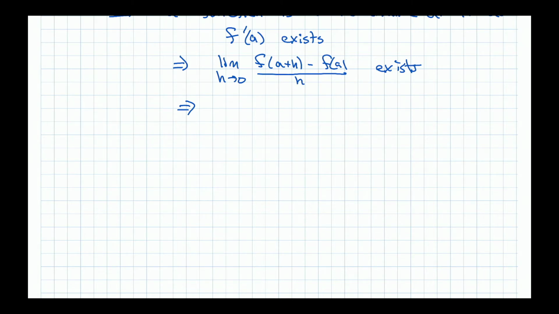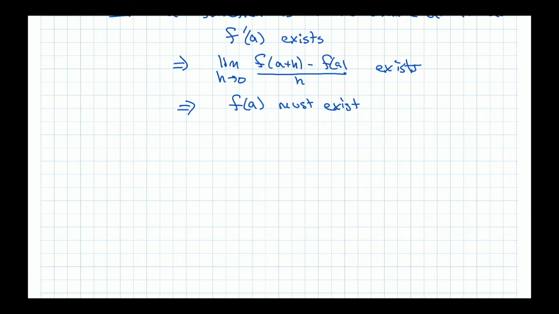This tells you that, first of all, f of a must exist. Why? Because it's right there in the formula, so of course it must exist.